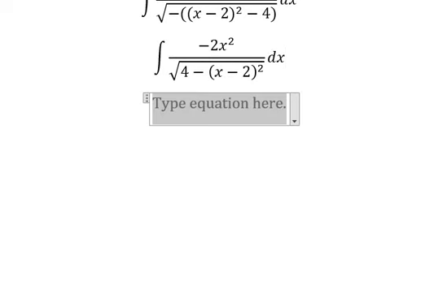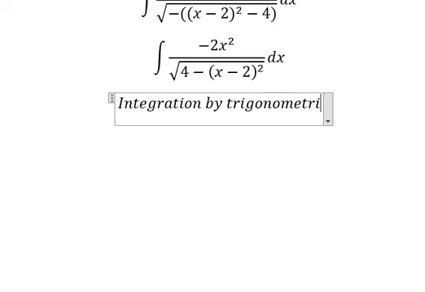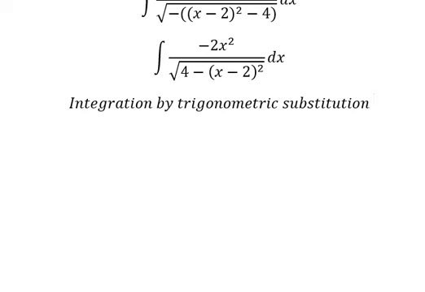Next, we can use about integration by trigonometric substitution.